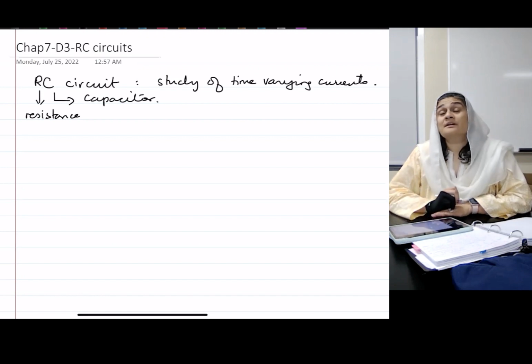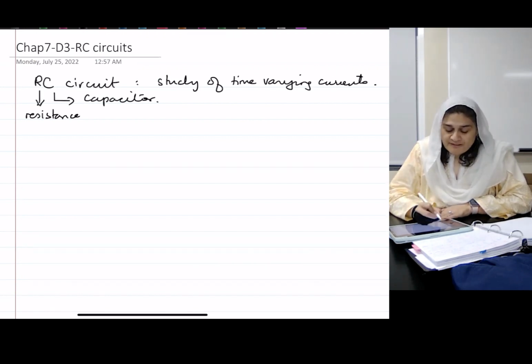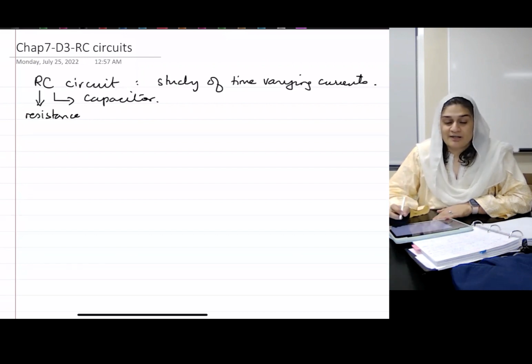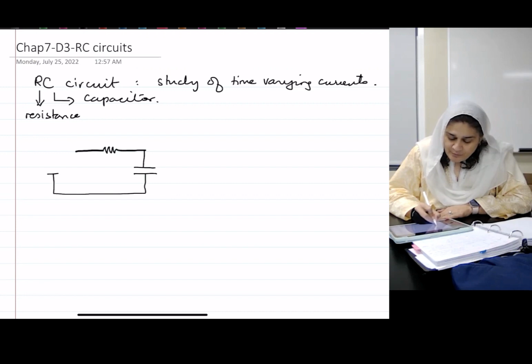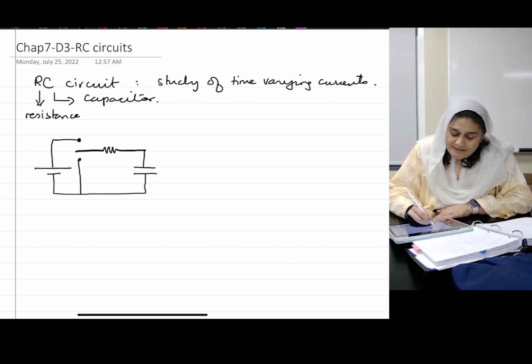So we are going to look at the most fundamental of the RC circuits, which is going to be comprised of a resistor and a capacitor with an external source of EMF and a switch that can be toggled to points A and B.